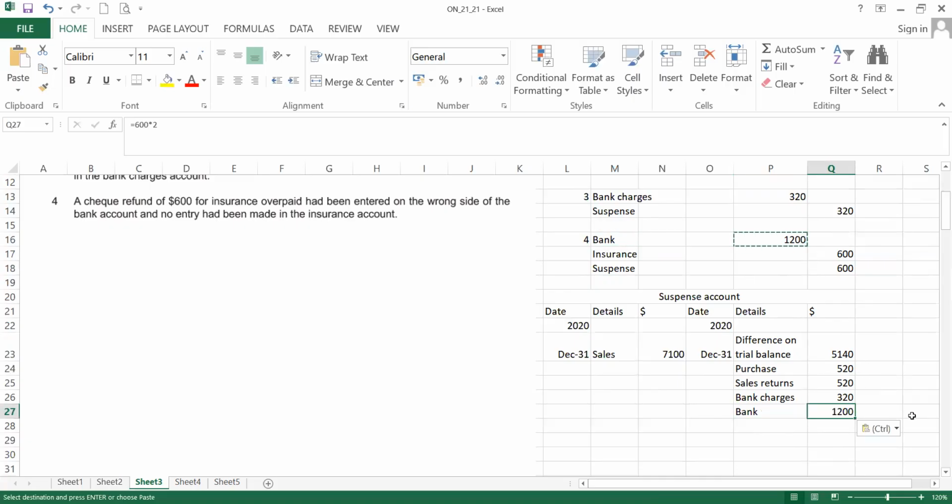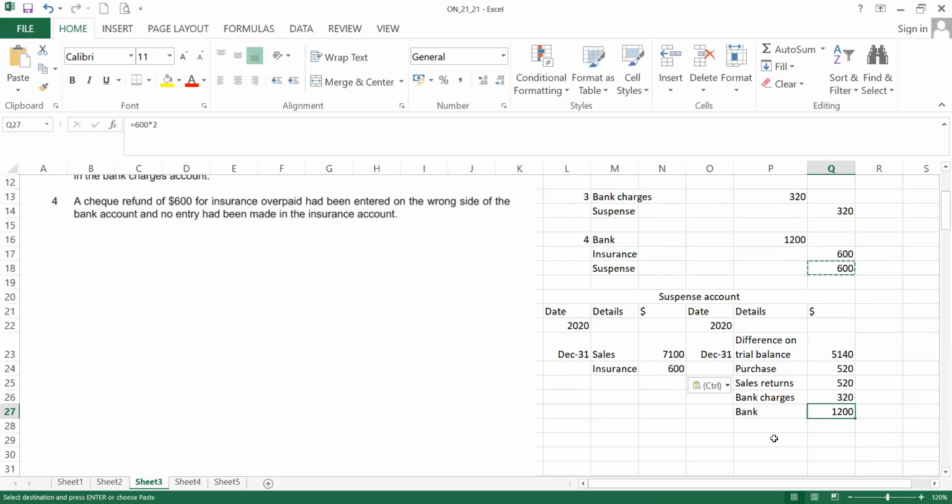Okay. After that, in here, we put in the insurance, this one 600. So eventually, here suspense is on the credit side because this side is more than this one.